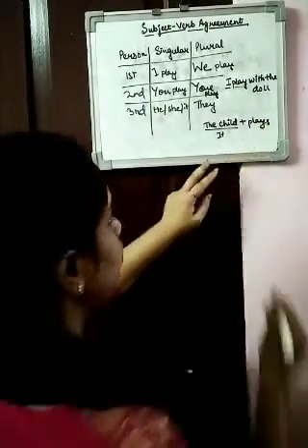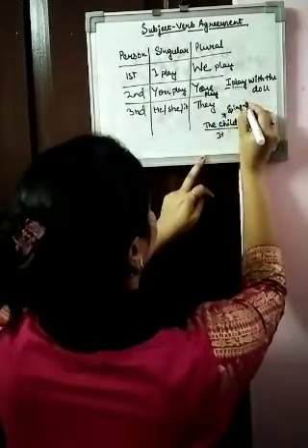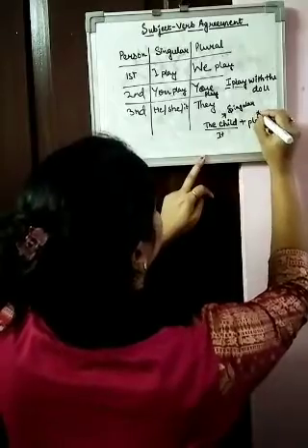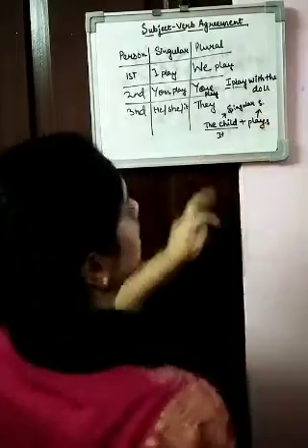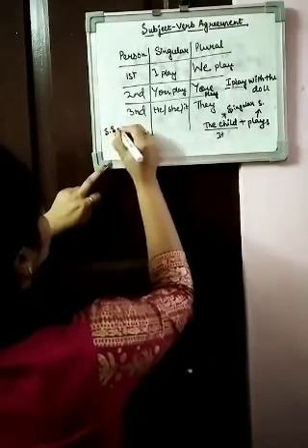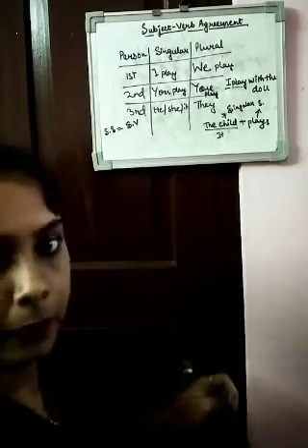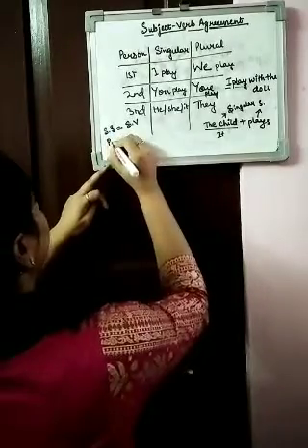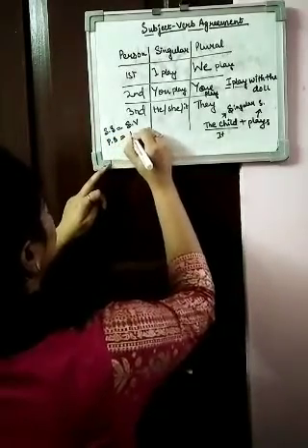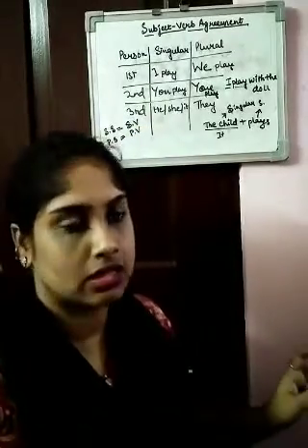Is it clear? So as this subject is singular, our verb should also be singular. That means singular subject equals singular verb. If plural subject, then plural verb. It's the easiest thing.